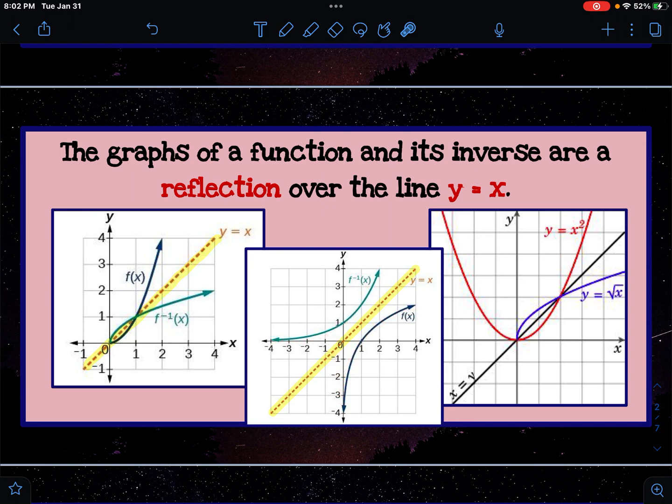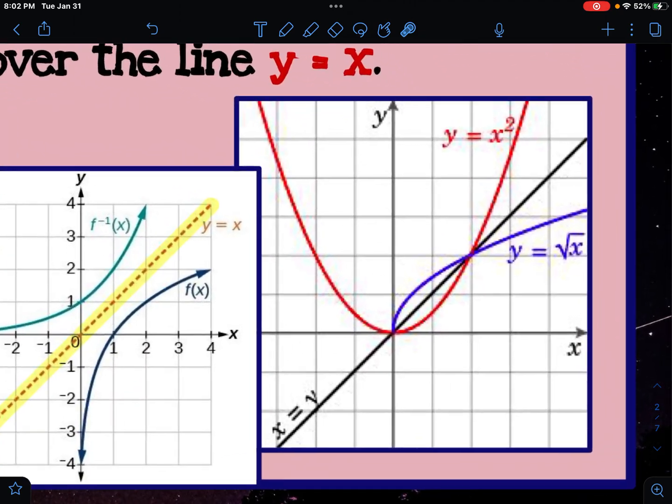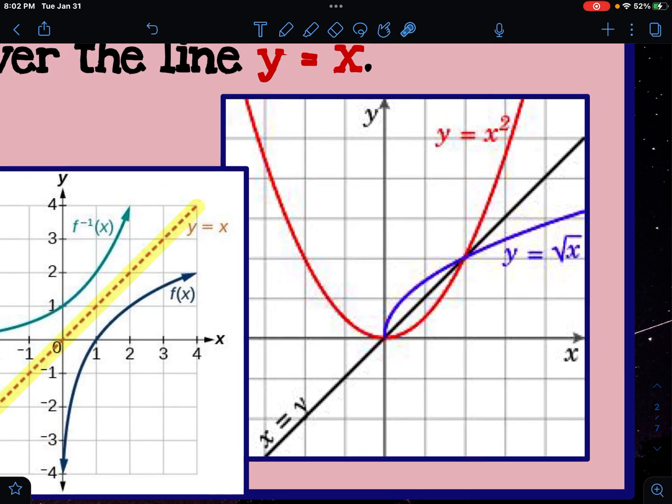Now this one is a little bit different because while we're reflected over the same line, this whole parabola doesn't go over here, right? We're missing this whole piece down there.